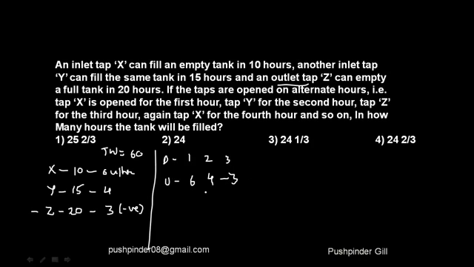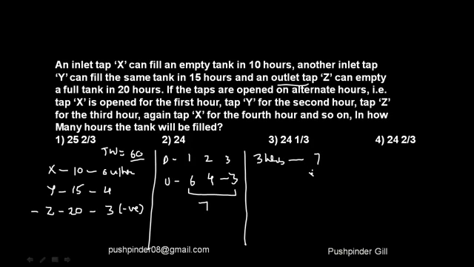So over a span of 3 hours, 7 units are filled. X is open for the first hour, Y for the second, and Z for the third. So every 3 hours, we fill 7 units.